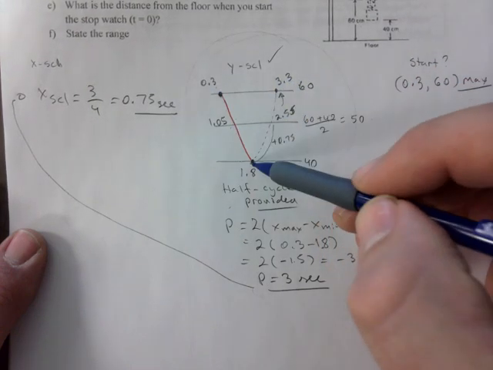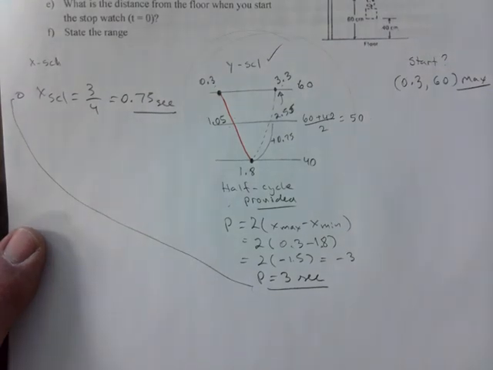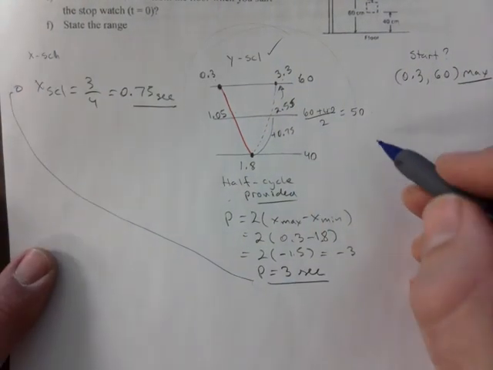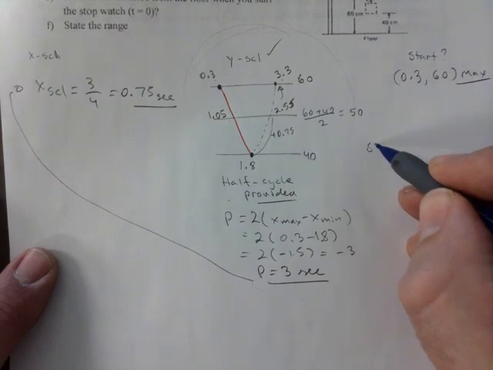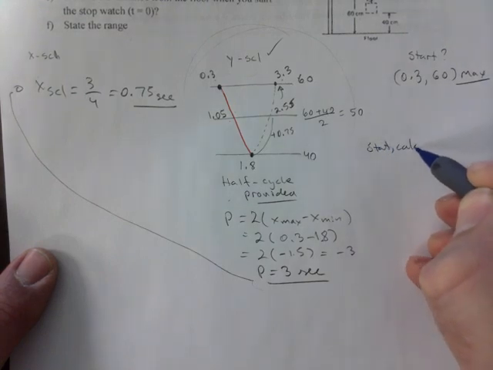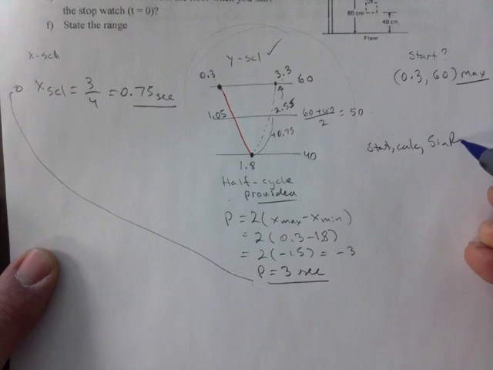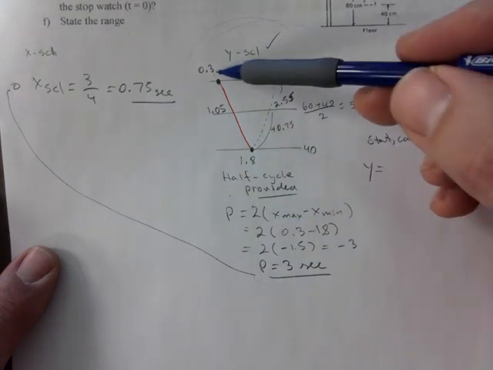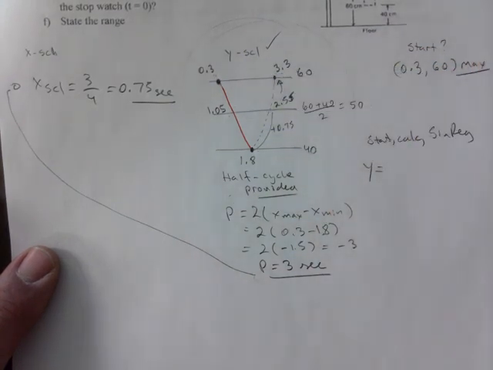So you've got the 5 points on that x scale figured out. Then you just figure out your equation, stat, calc, sin reg, and I will leave that up to you. The key is stated, but here you have your 5 points, right?